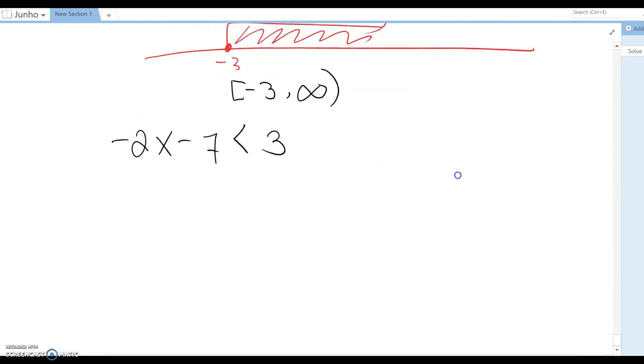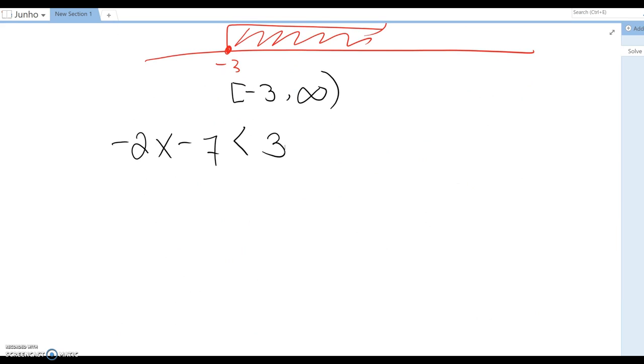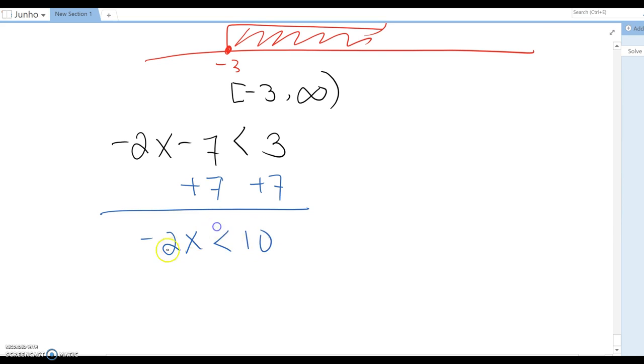Okay, then this means we combine the 7, then negative 2x is less than 10, and you divide by negative 2, then x is bigger than negative 5.